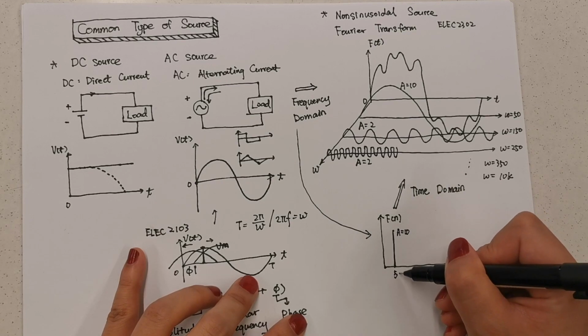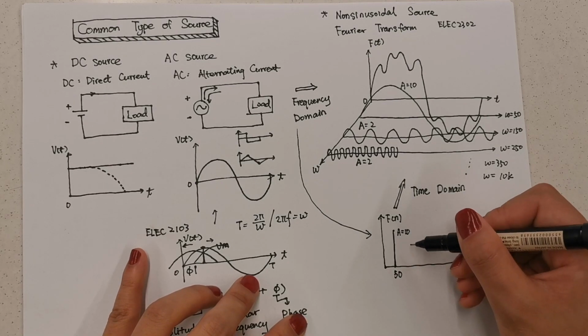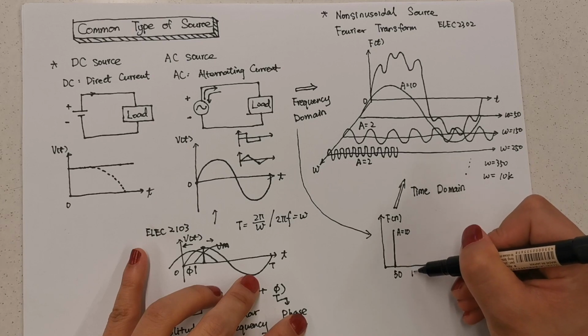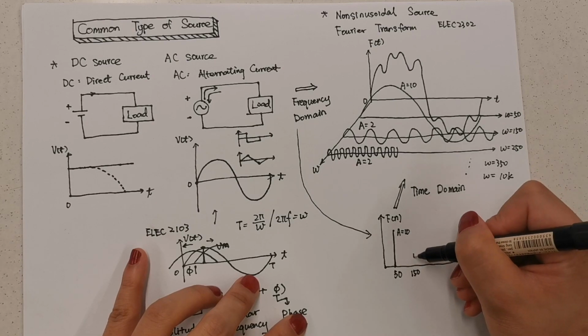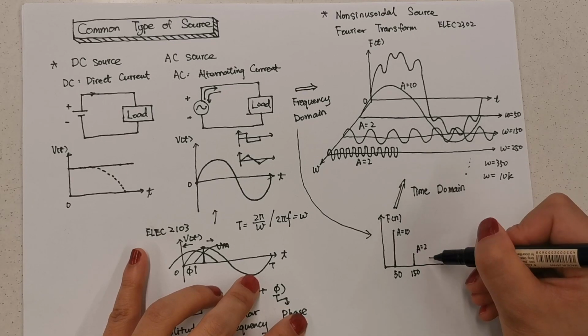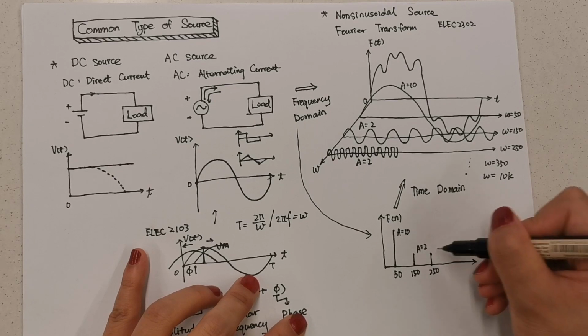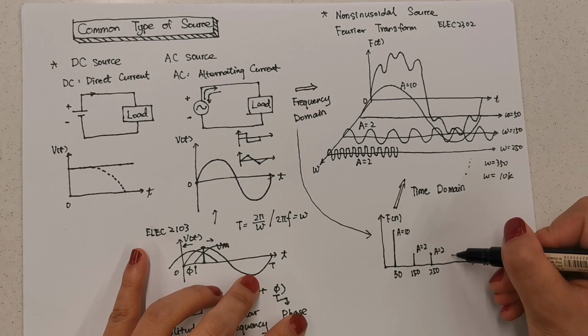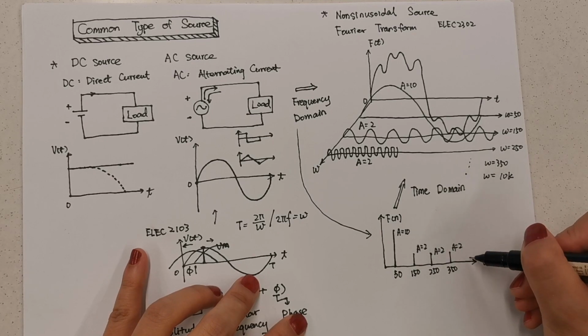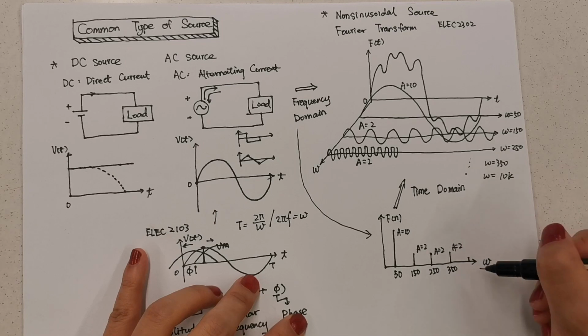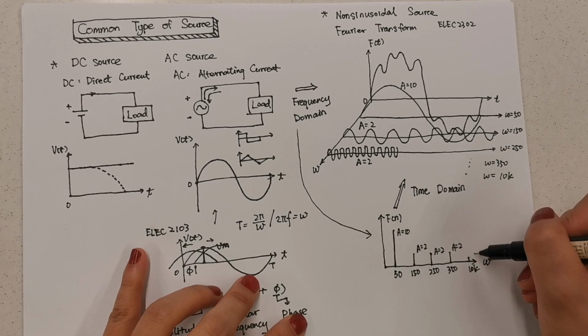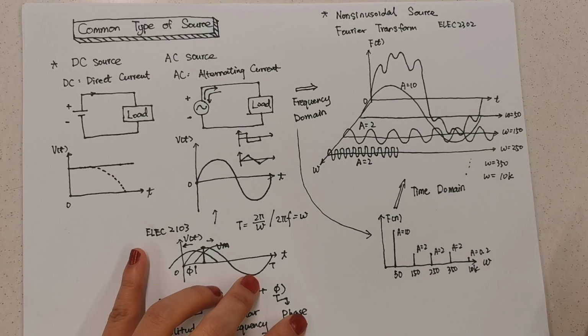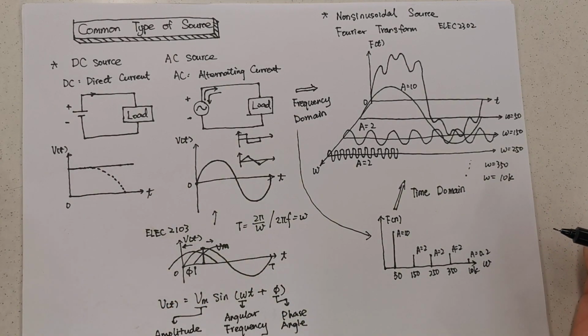This is our first sine wave. Our second sine wave is when omega equals 150. The amplitude is 2. The third one is when our omega is 250, amplitude is 2. The next one is when it's 350, amplitude is 2. The last one is when our omega is 10K and the amplitude is 0.2. These are our 5 decomposed sine waves.